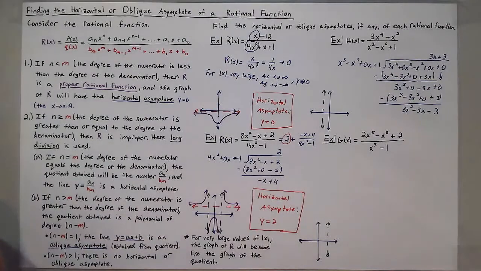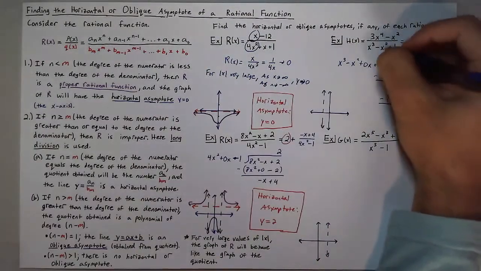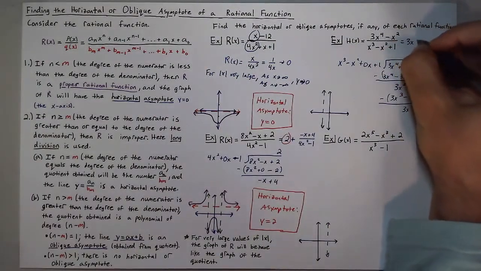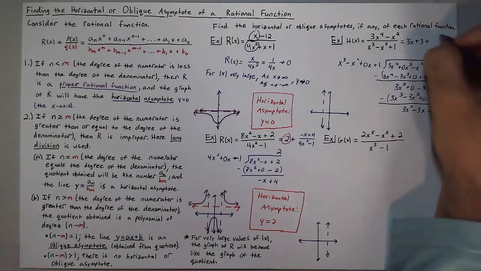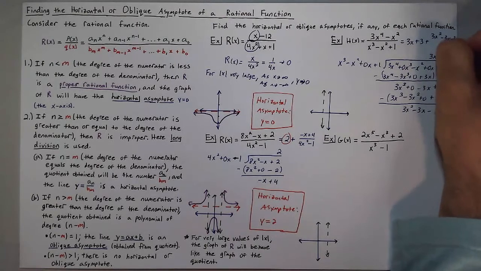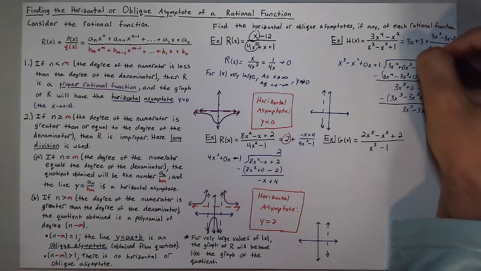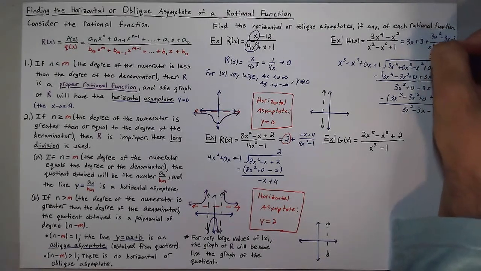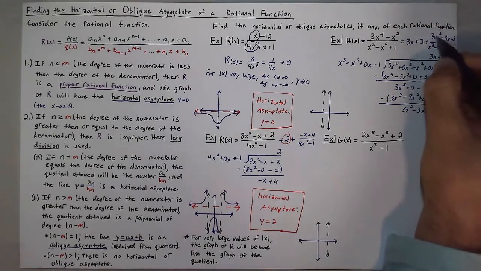So when we divide these two polynomials, we end up with 3x plus 3 plus your remainder, 3x squared minus 3x minus 3 over x cubed minus x squared plus 1, which again, since the numerator's degree is less than the denominator, that all goes towards 0.